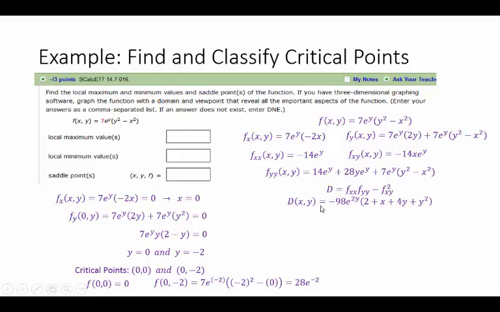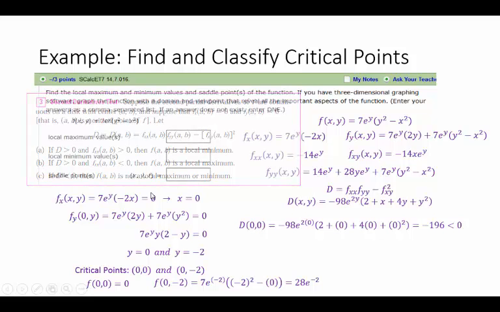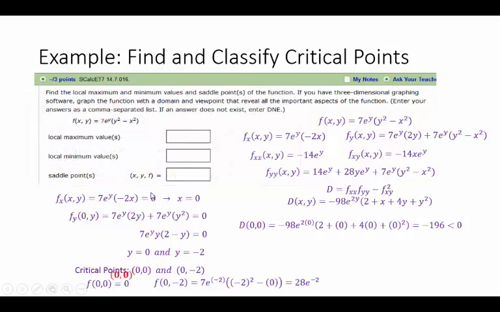Now we put 0 in for x, 0 in for y, and we get a negative number. When our discriminant is negative, we have option C, where it's neither a local max nor min. If you remember, that was a saddle point. So we have a saddle point at 0, 0, 0.